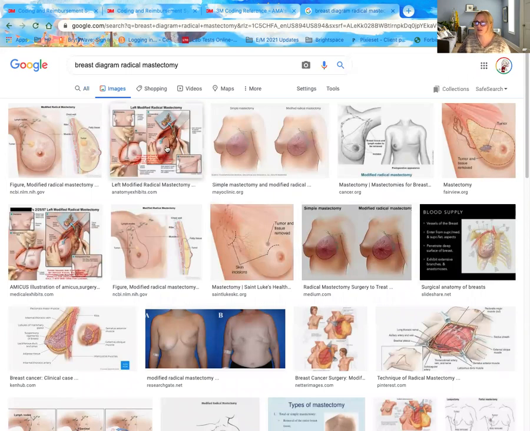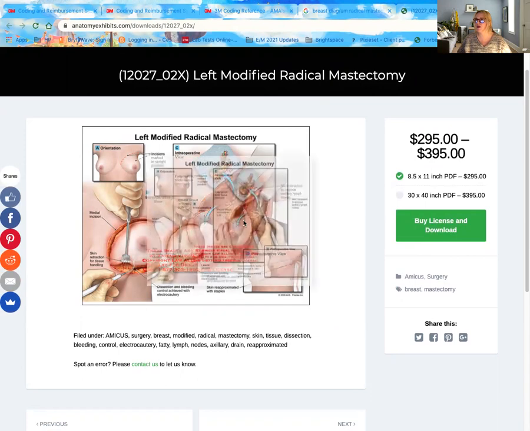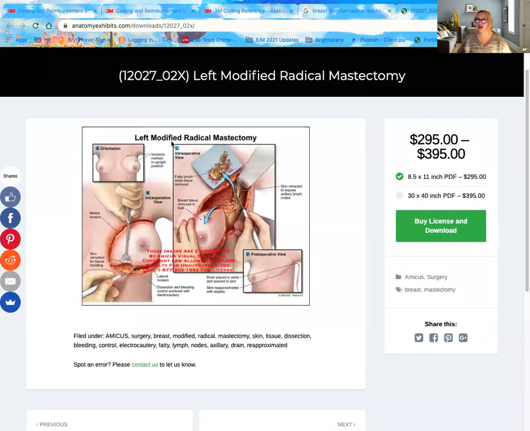And if I really want to see what this looks like, I can actually look at some of the pictures and see exactly what it is that I'm looking at when they're talking about all of this detail for this procedure. A left modified radical mastectomy, this is actually showing me exactly what the procedure is entailing.